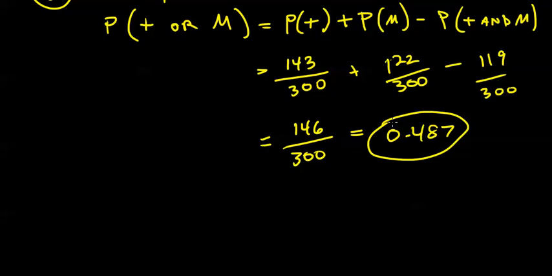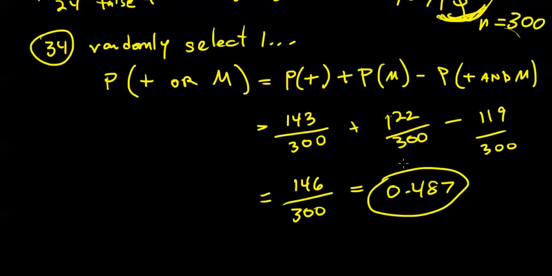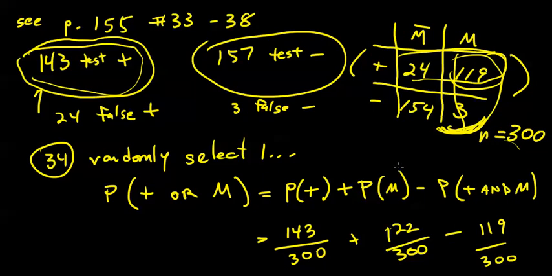Alright, so there's my probability. Of course, a little more informally, I could have realized, well, if I want the probability of positive or used marijuana, all I really need to do is add those three cells and divide by 300, right?